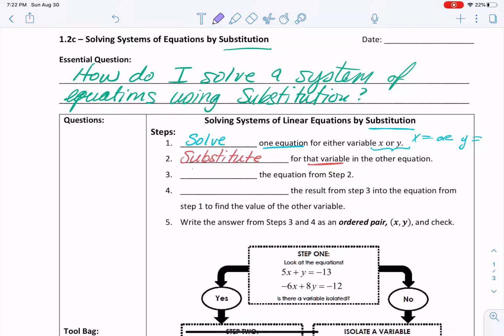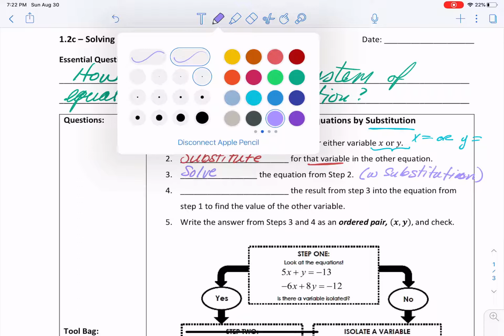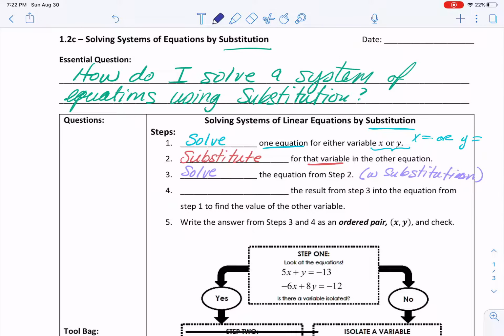We solve this new equation, and then we substitute again the result from step 3 into the first equation from step 1 to find the other variable. And then when we're finished, we write them as an ordered pair x, y.